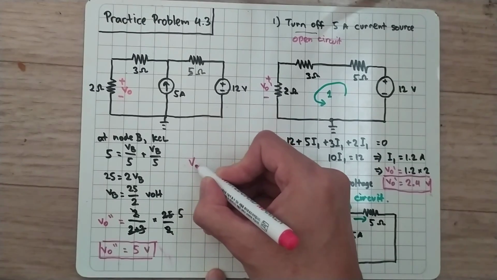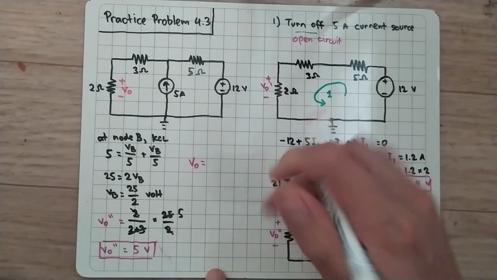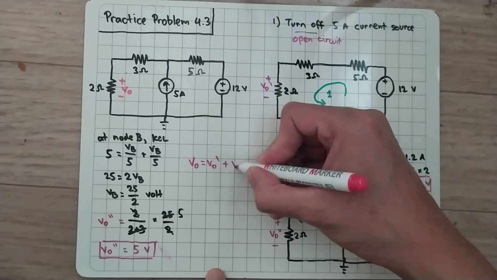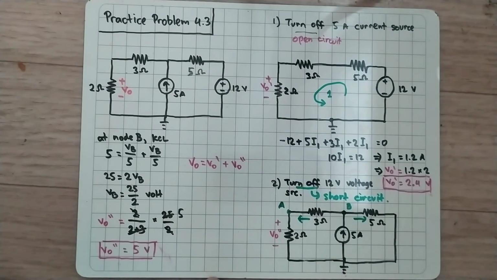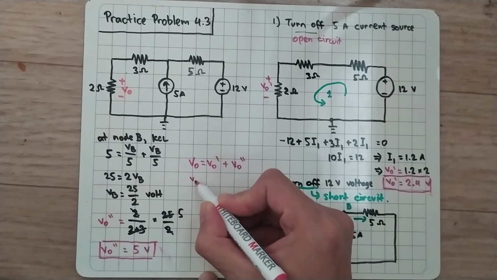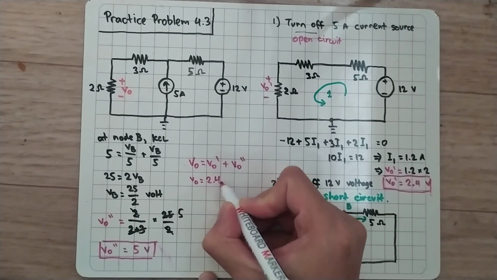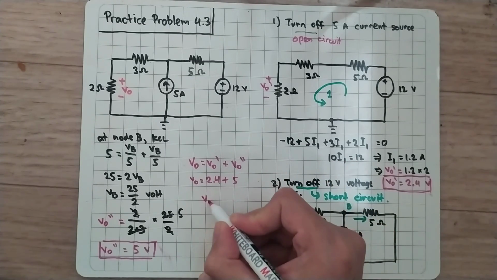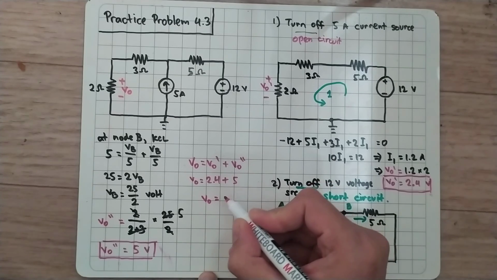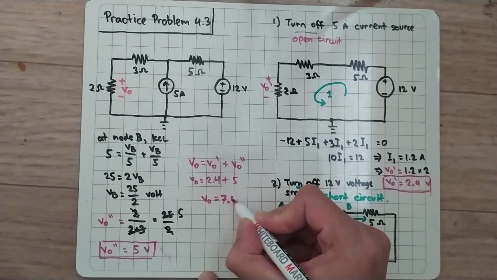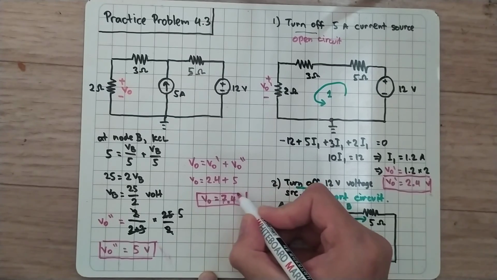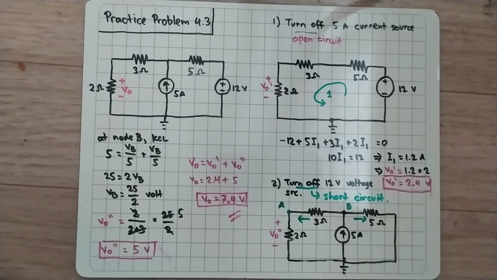So V0 is equal to V0 prime plus V0 double prime, and V0 prime is 2.4, then V0 double prime is 5. So I will have V0 is equal to 7.4 volt. So here is our final answer for this question.